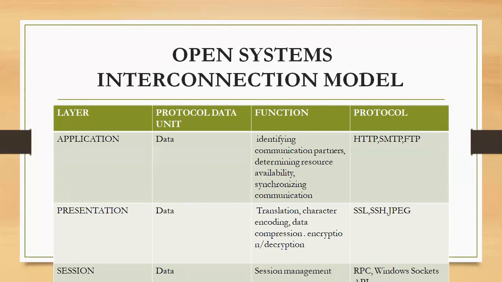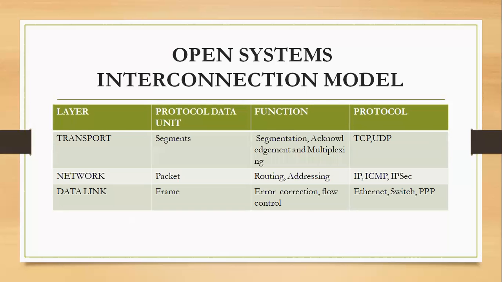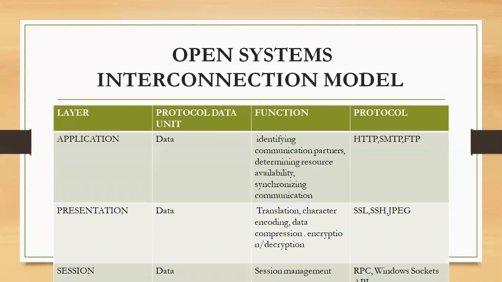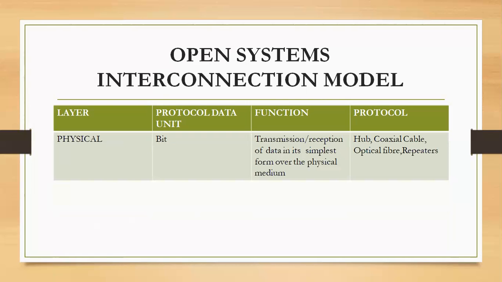It may look difficult or cumbersome to learn, but it's not. What I normally use to remember each of these layers is something to just make it easy for me to remember. So I use: All People Seem To Need Data Processing. Right.